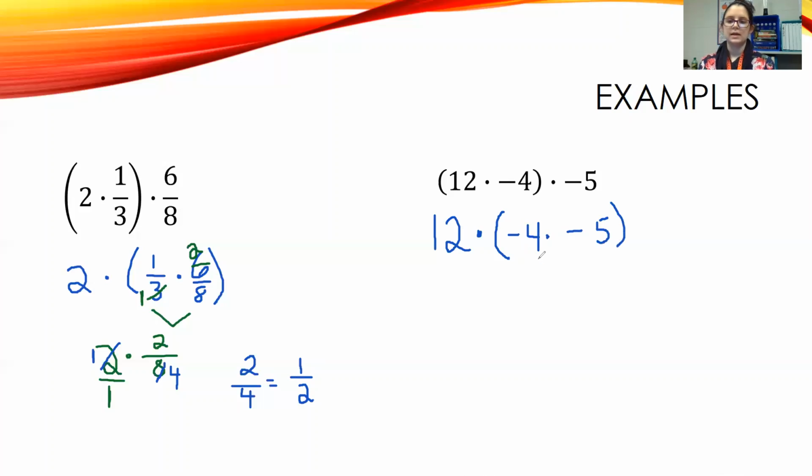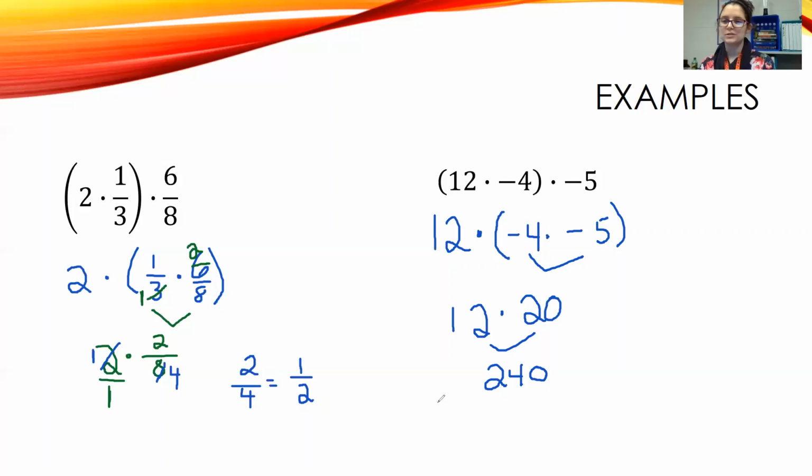Okay, so a negative times a negative is a positive. 4 times 5 is 20. Bring down my times 12. 12 times 20. Well, I know 2 times 12 is 24, and then I'm just going to bring my 0 down, so bring down my extra 0.